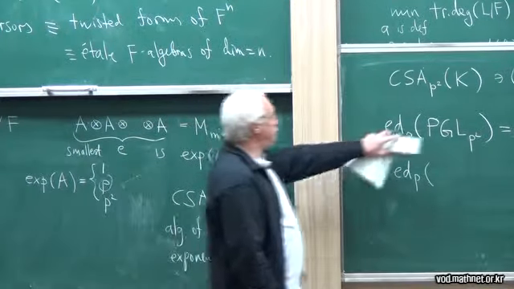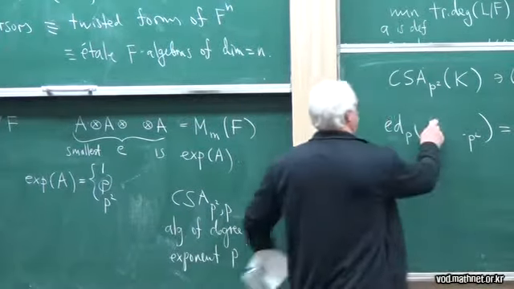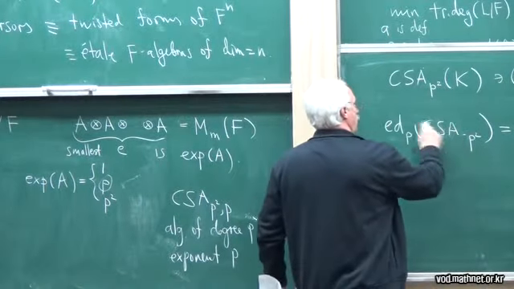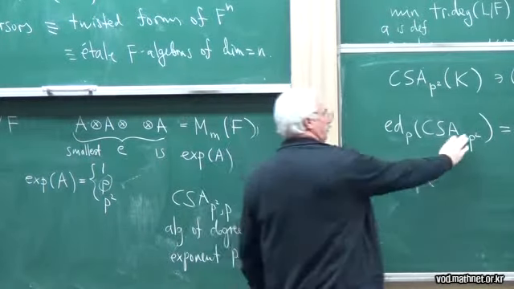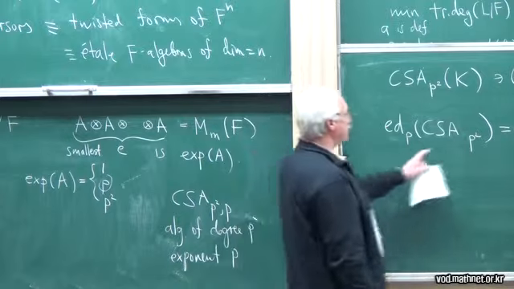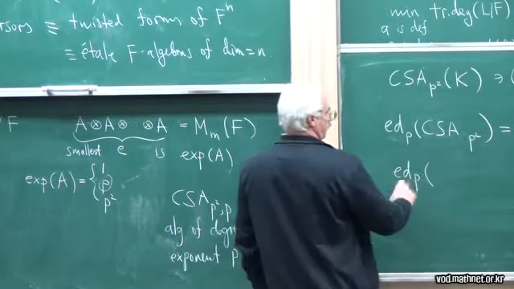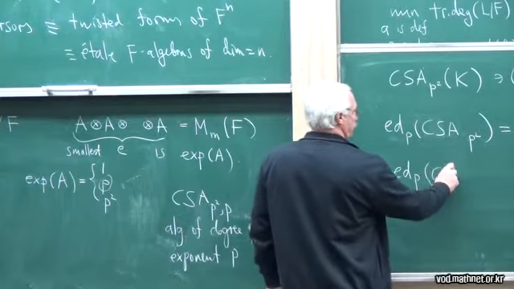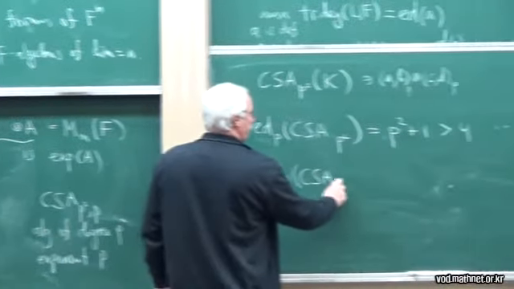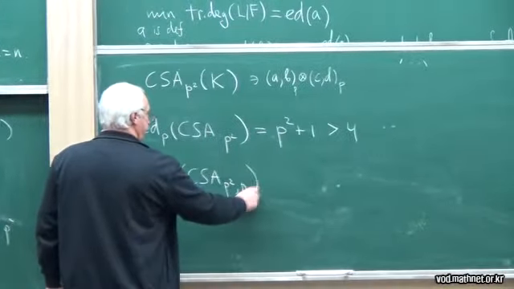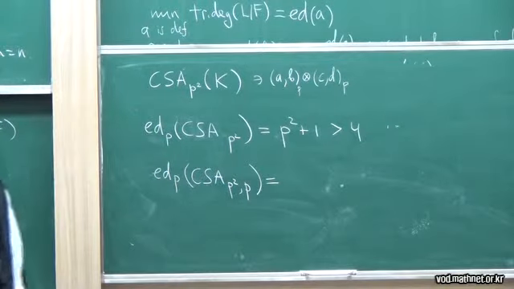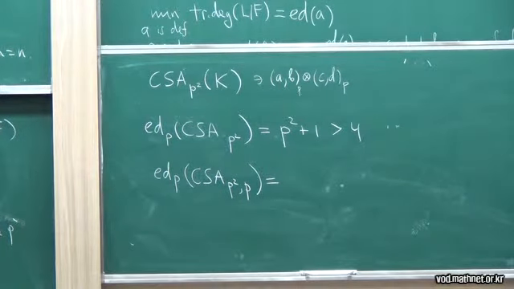If you simply take all the algebras of degree p squared, we get the essential dimension p squared plus 1. If you look at the algebras of degree p squared and exponent p, well, the answer is interesting.